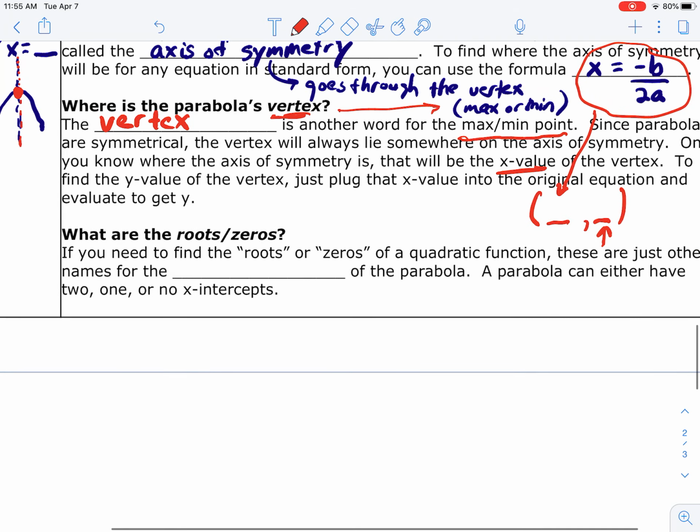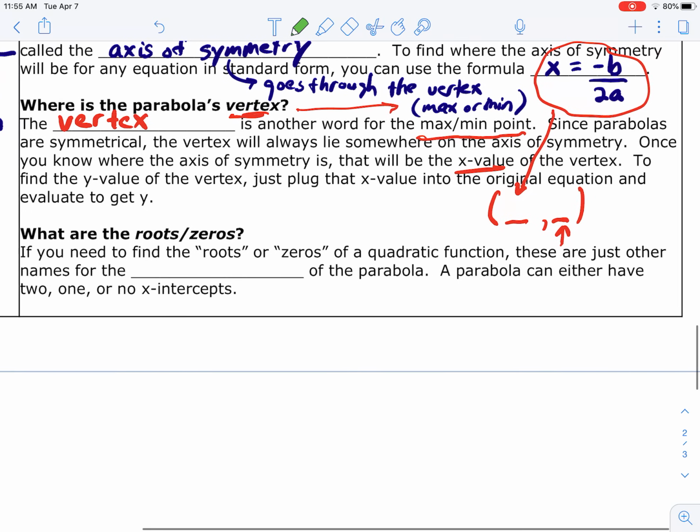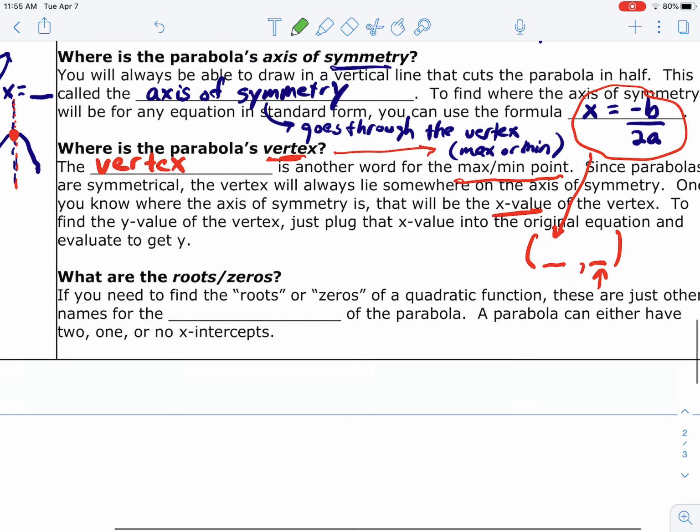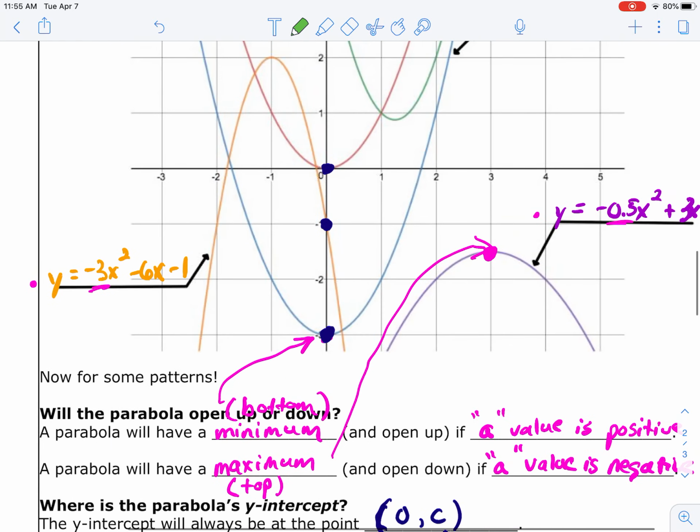And finally, the last bit of the notes for today has to do with something called the roots or the zeros of the quadratic function. Now, the roots or the zeros are essentially just your x-intercepts, because the zeros is kind of like where is your y value 0 here?